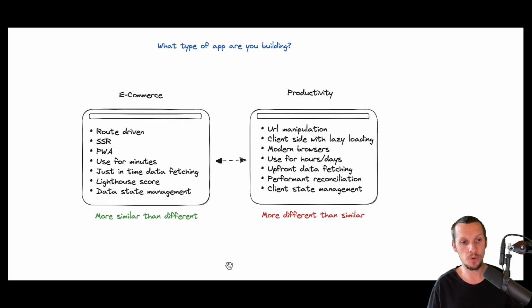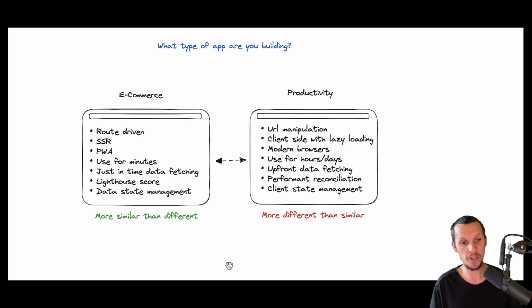In general, when it comes to state management, in an e-commerce type of application, you don't really have client-side managed state. Maybe you have a little bit, but even a shopping cart, you want that to be server-side so that you can send emails and notifications to the users, even though they're not using the application itself.